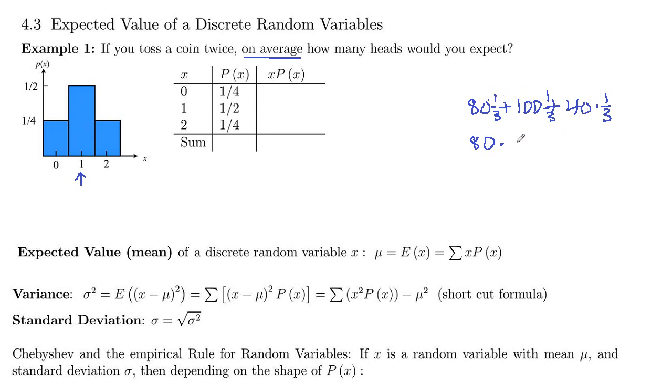So 2, 2, 1, this would actually be 2/5, plus 100 times 2/5, and then plus 40 times 1/5. So you can see the weighting for the lowest exam is 1/2 of the other exams.